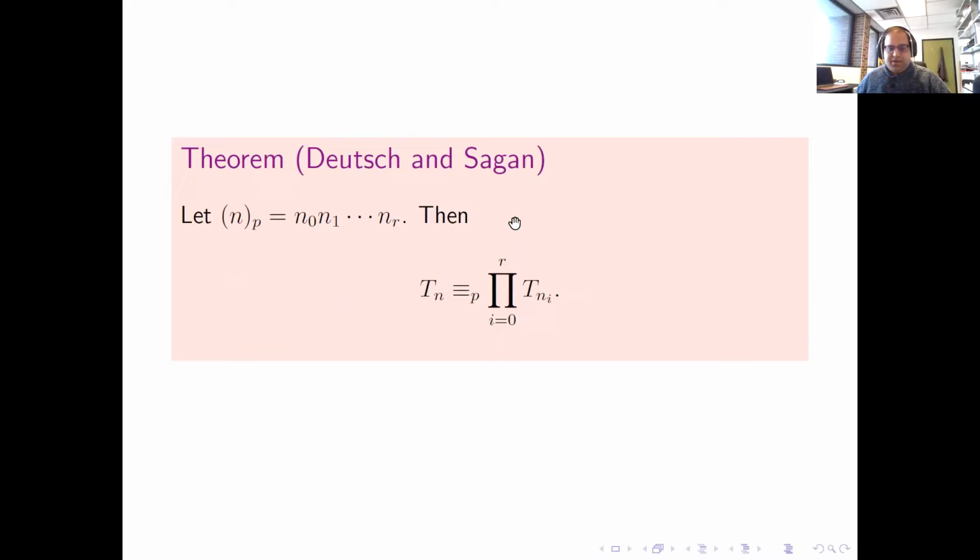So let's look at the Deutsch and Sagan result for the central trinomial coefficients. They proved an analog of Lucas congruence for the central trinomial coefficients. They proved a result like this for Tn mod p in terms of the base p expansion.